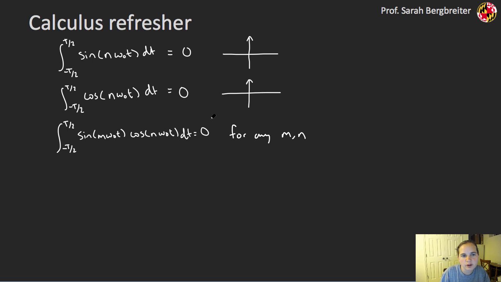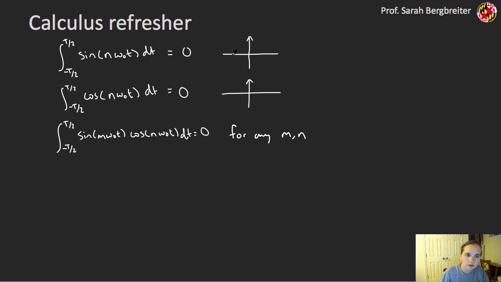Okay, so quick refresher of your calculus. If I have an integral over a full period, so negative T over 2 to plus T over 2, of a sinusoid, at the fundamental frequency or any harmonic of that fundamental frequency, if I take the integral of that, I'm going to get 0.